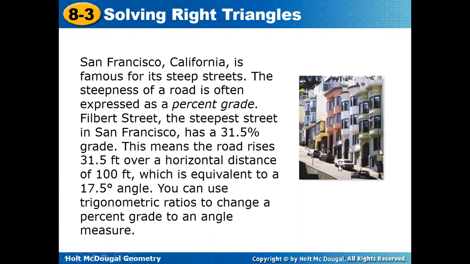This means the road rises 31.5 feet over a horizontal distance of 100 feet, which is equivalent to a 17.5 degree angle. You can use trigonometric ratios to change a percent grade to an angle measure.